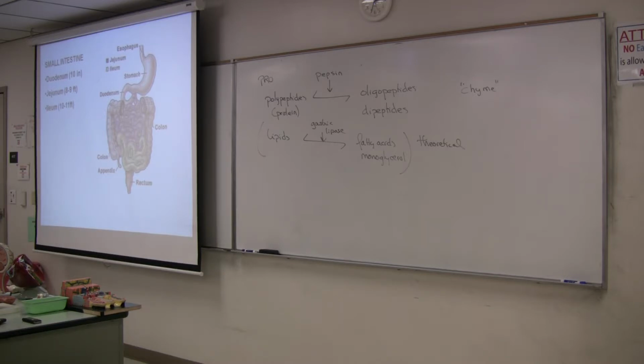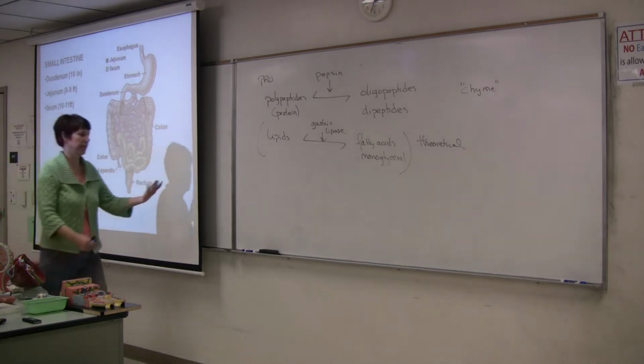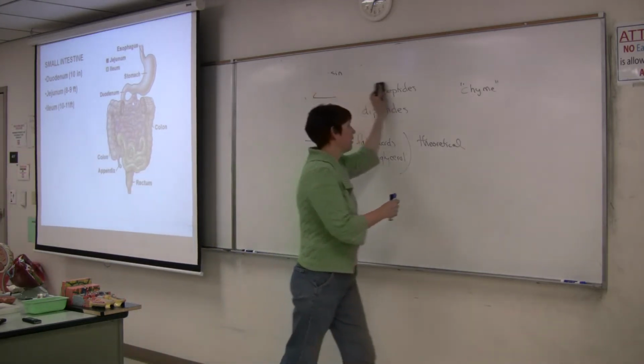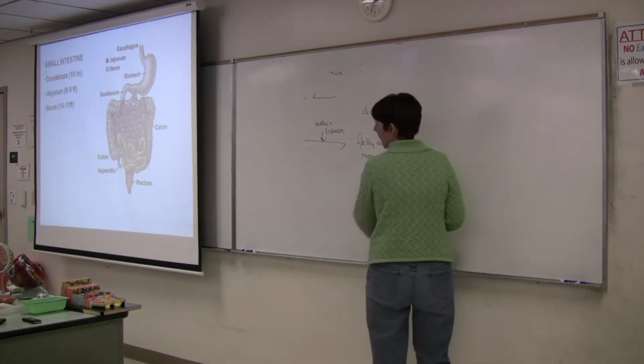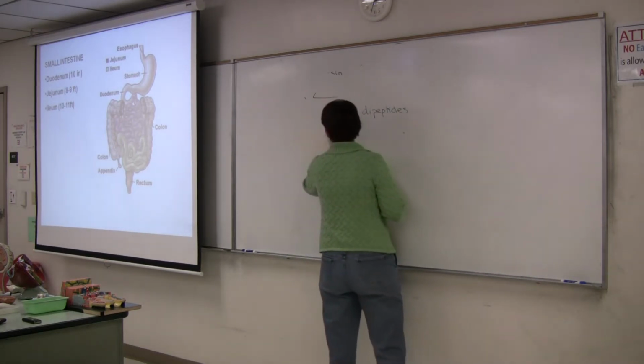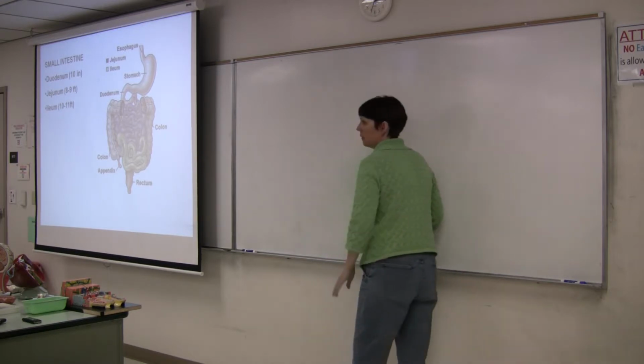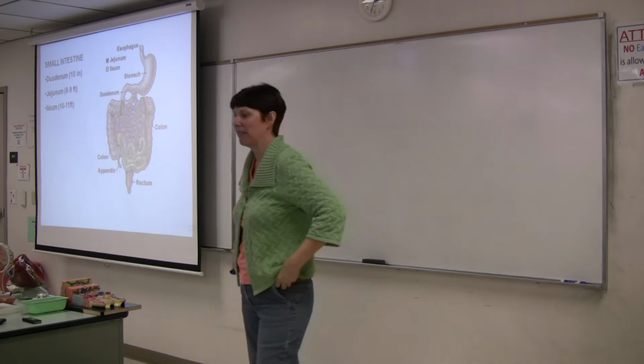So there are 3 regions to the small intestine. Okay, the last 2 regions' functions kind of overlap. But this is where we actually do our serious chemical digestion and all of our nutrient absorption, except for some vitamins and water in the large intestine.